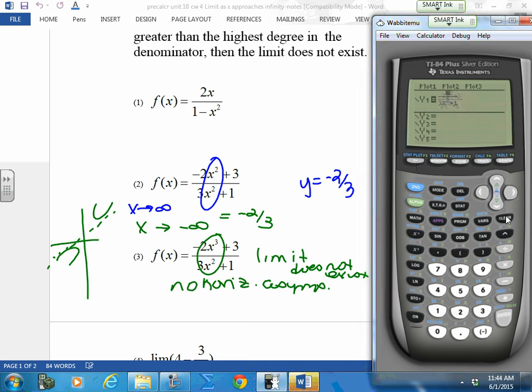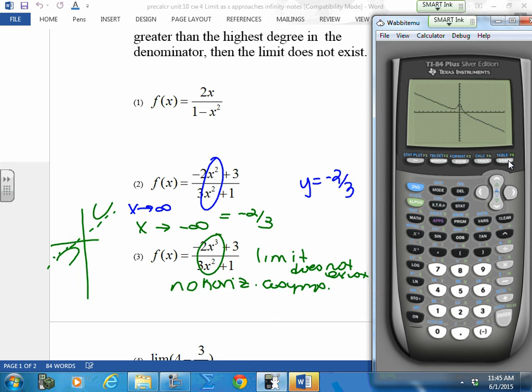So here. Oh, I should have kept the same thing. Do you remember doing these? So here's where it's going. It has a slant asymptote, but it doesn't have a horizontal asymptote.